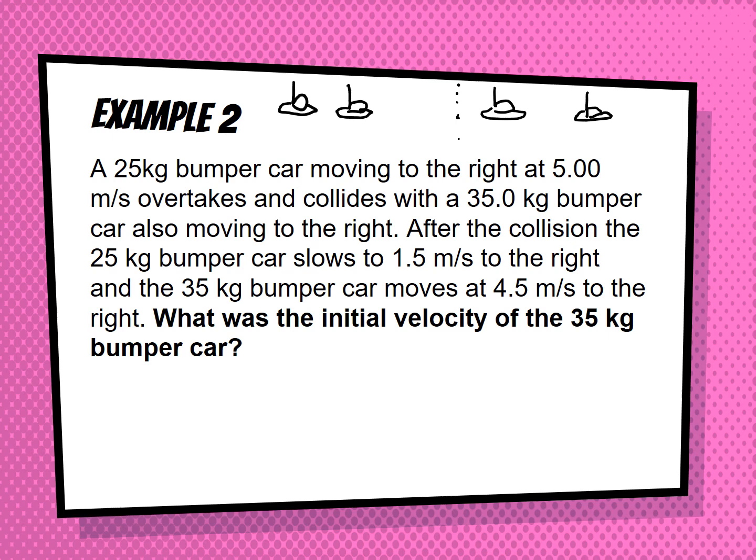And in this case, they are moving to the right, and they are still moving to the right even after the collision. So that makes it a little easy for us because we don't need to worry about whether the velocities are positive or negative.